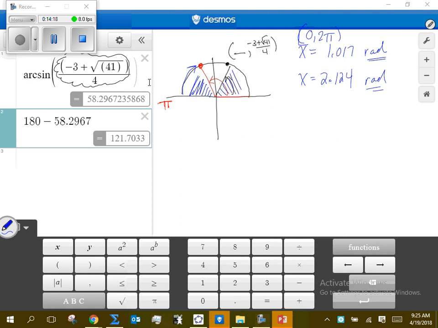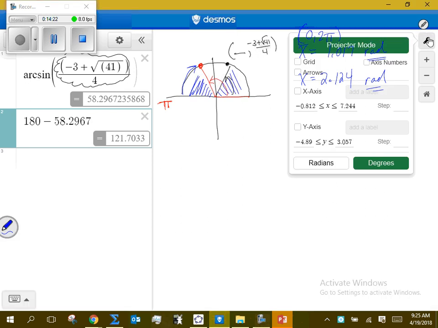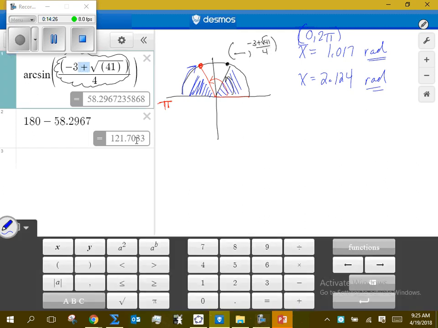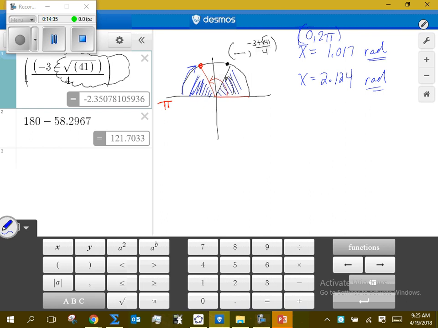All right, so how does that work then for when this number here becomes negative? Okay, and the reason that's undefined is because that quantity is negative 2.35. And what we're asking then, remember, that would have been sine of x is equal to negative 2.35.